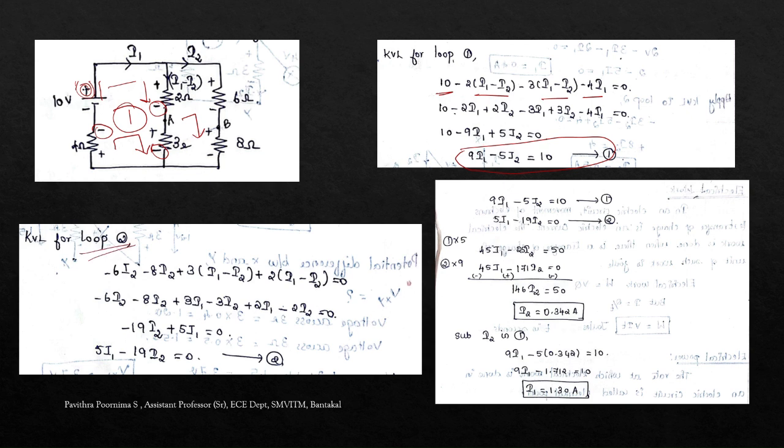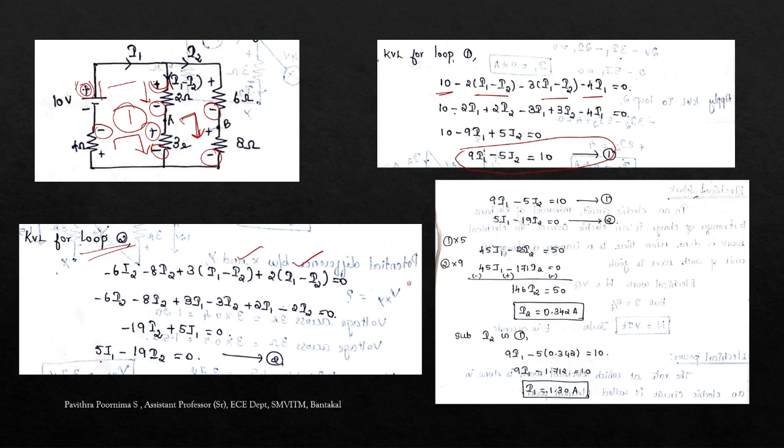Next, KVL for the second loop. In the second loop we have 2 ohm, 3 ohm, 6 ohm and 8 ohm, four resistors. The 2 and 3 ohm have the current I1 minus I2, and the current through the 6 ohm and 8 ohm is I2. If you consider this direction, the second polarity here is plus, here minus, here minus, and here plus.